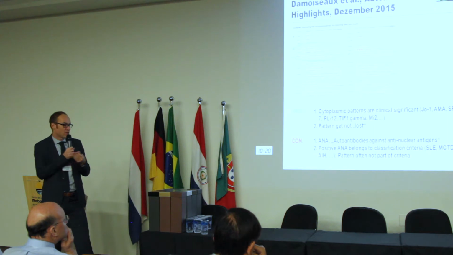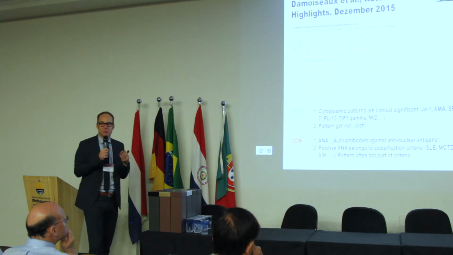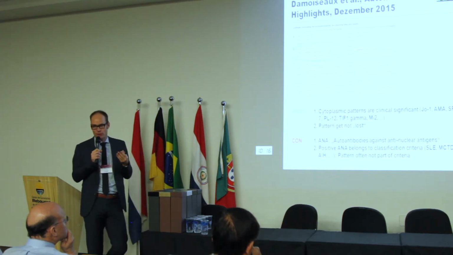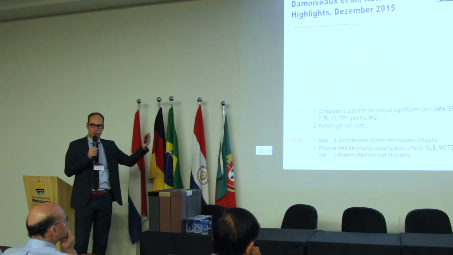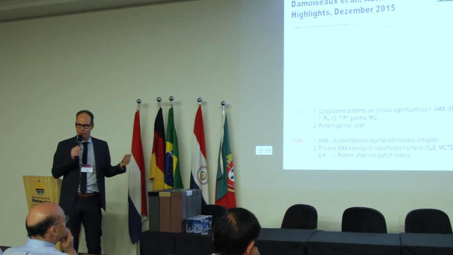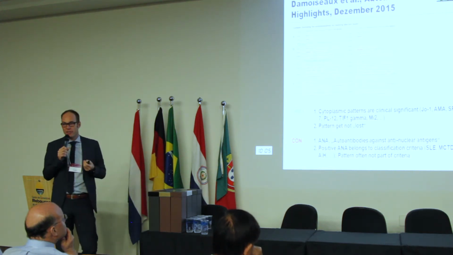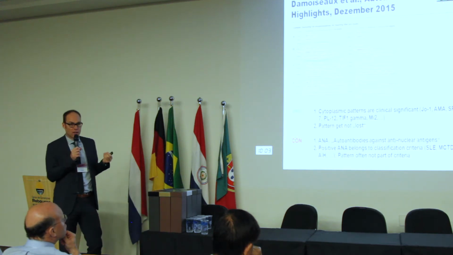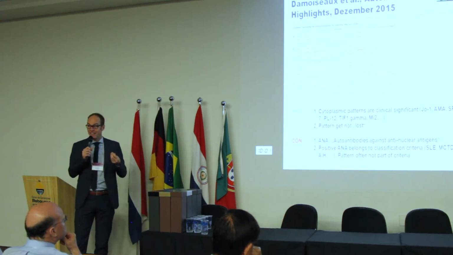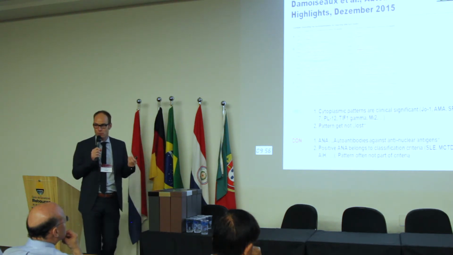So if you call it ANA positive, you get points on your autoimmune hepatitis list, which you don't want because it leads you in the wrong direction. On the other hand, also pretty specific patterns like nuclear membrane, nuclear dots, which are real ANAs, are specific for PBC. So we have this problem already.